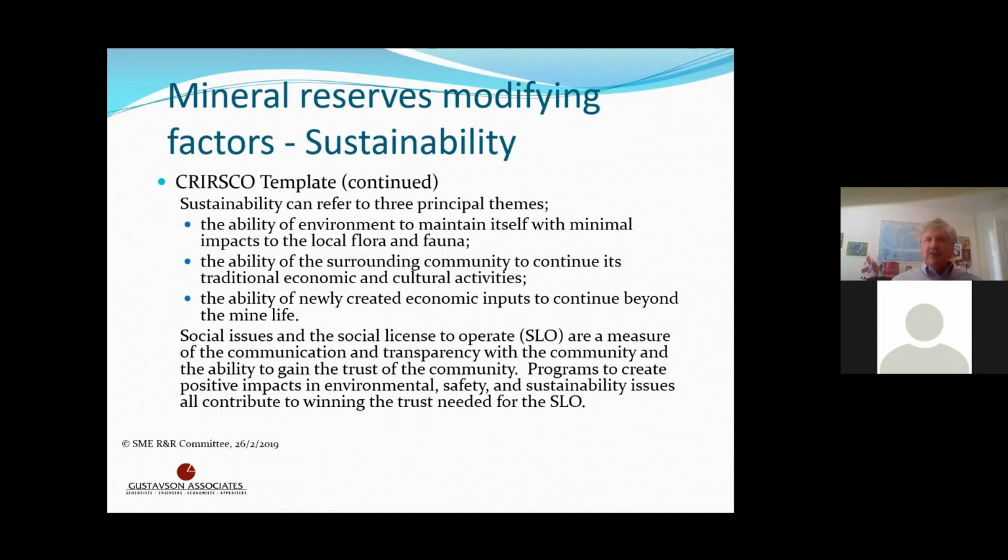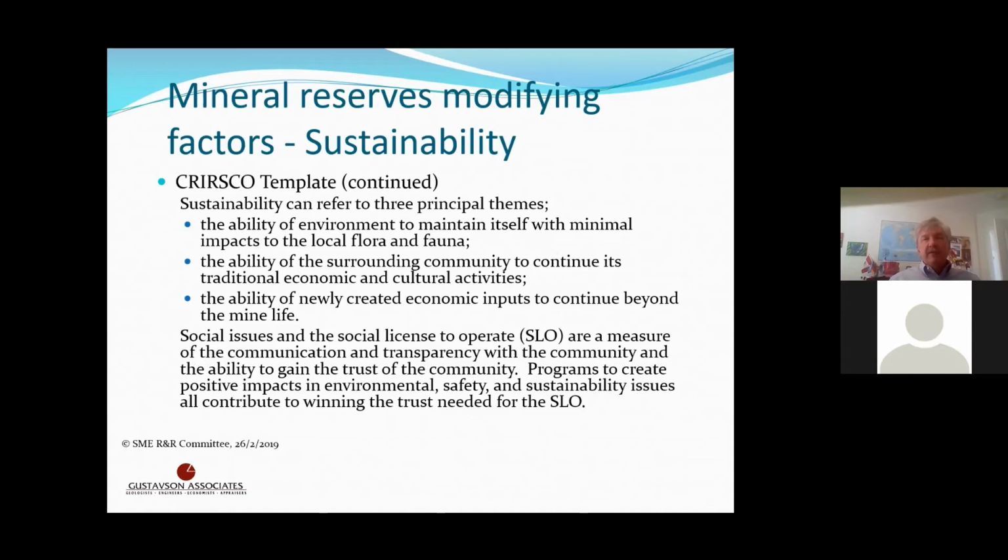Social issues and social license to operate are a measure of communication and transparency. And we, as qualified persons and authors of the reports, need to be able to describe that the registrants are taking the steps necessary to enable and facilitate this communication and to win the trust.